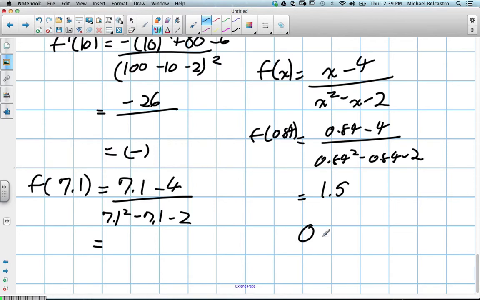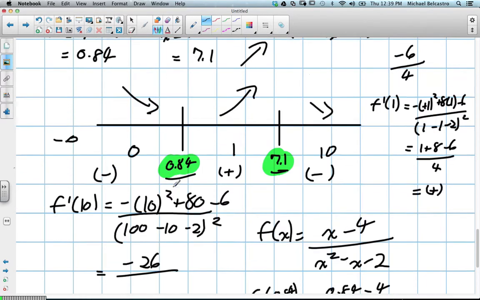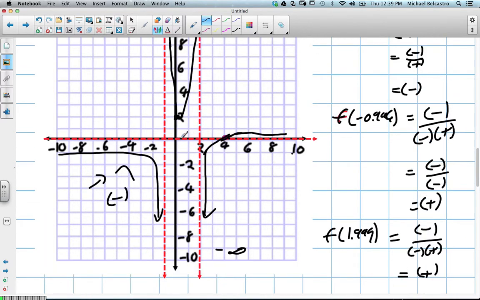So this coordinate here, write this in the meantime. 0.08, excellent. So the other coordinate being, you guys just verify if you're doing it anyways, 0.08. So these two coordinates, 7.1, 0.08, and 0.84, 1.5. So 0.84 and 1.5, that's important to us. 0.84 and 1.5 is about here.